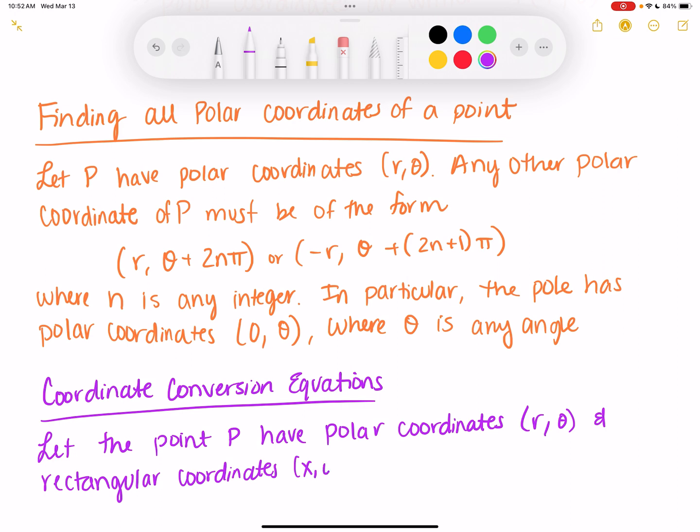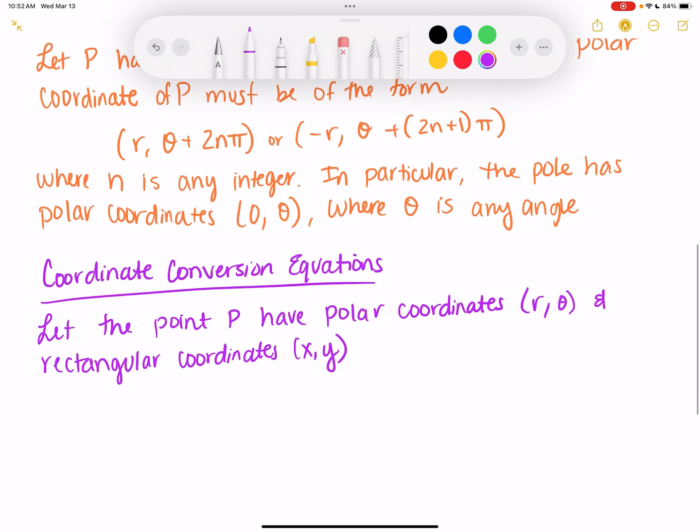So our conversion: x is equal to r cosine theta and y is equal to r sine theta, which makes sense because we're used to x and y, cosine and sine respectively.